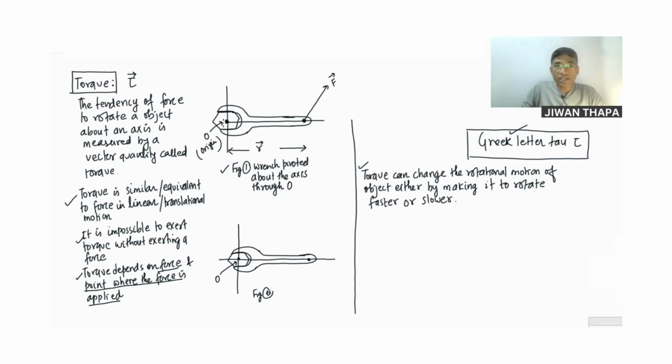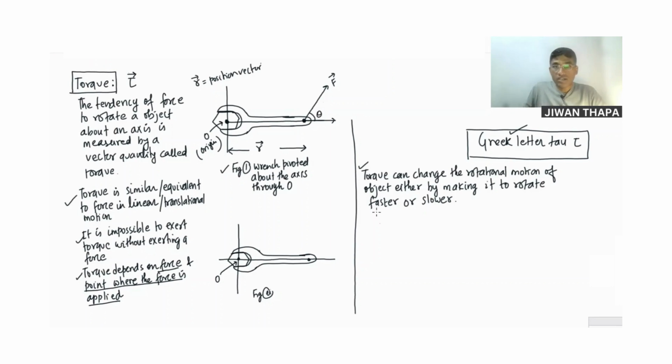So we are taking O as the origin. So this length is the position vector. So vector R is the position vector, and let us produce the position vector in outward direction. Let this angle be theta.